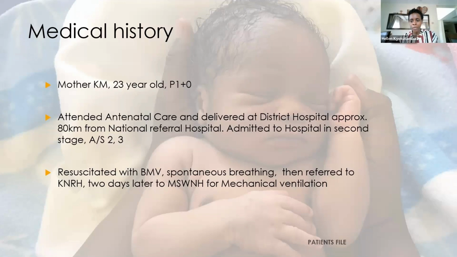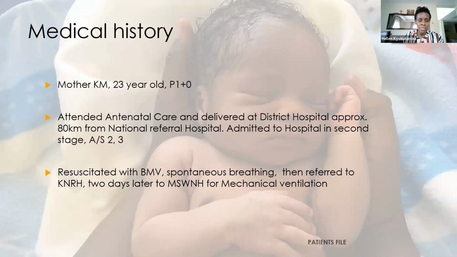So this mother attended antenatal care at the district hospital and delivered there, but notably she came to the hospital to deliver when she was in second stage of labor, and she delivered a term baby who scored an APGAR score of 2 at 1 minute and 3 at 5 minutes. From the referral notes and the history taken from the mother, the baby was resuscitated using bag and mask ventilation for over 30 minutes.